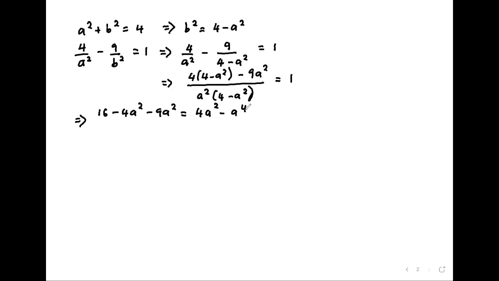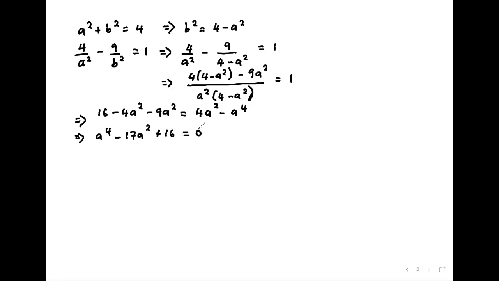Then we put together the like terms. Bringing the a to the power 4 to the other side, 8 plus 9 is 17, so I have a to the power 4 minus 17a squared plus 16 equal to 0.